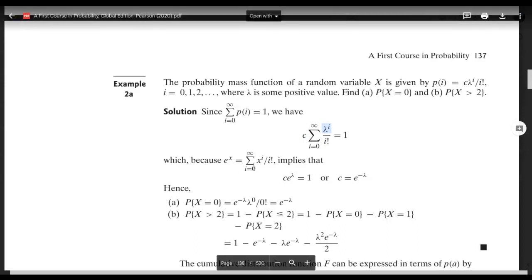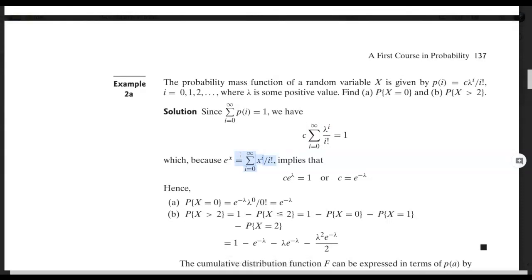Now, this we recognize as a series. Remember the infinite series we learned in Calculus 2? That's e to the x, right? So this is e to the lambda, because our x in here is lambda.